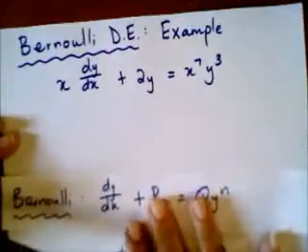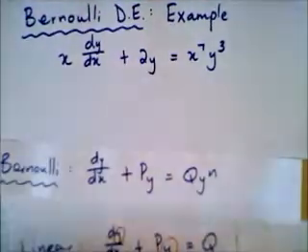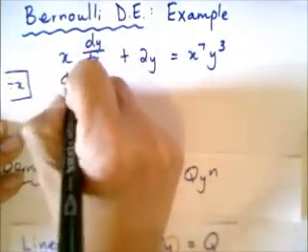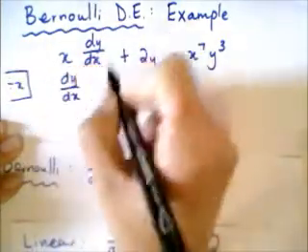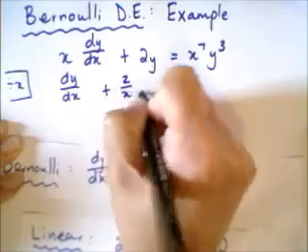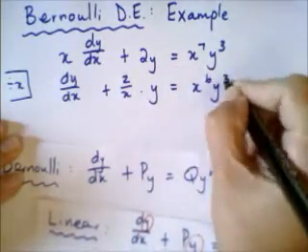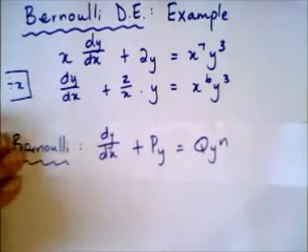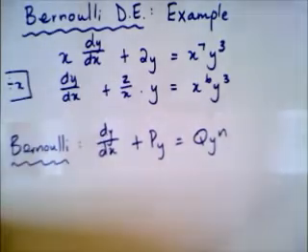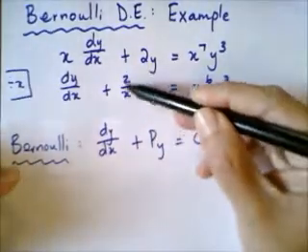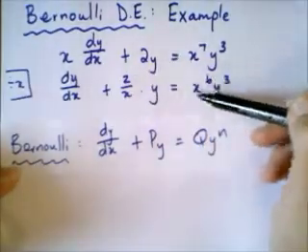So we have to divide through by your x value. So that means you'll have dy/dx + (2/x)y = x^6 y^3. So there you've got Bernoulli standard form. In this case, p is going to be 2/x and q is going to be x^6.